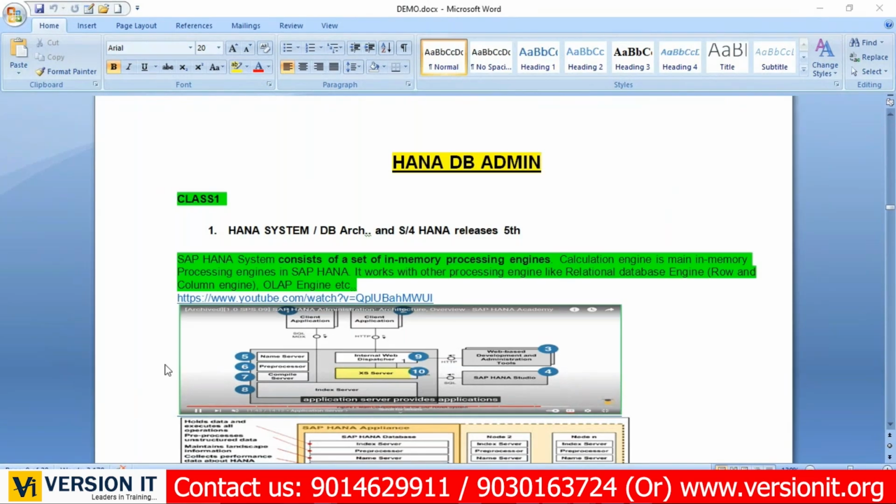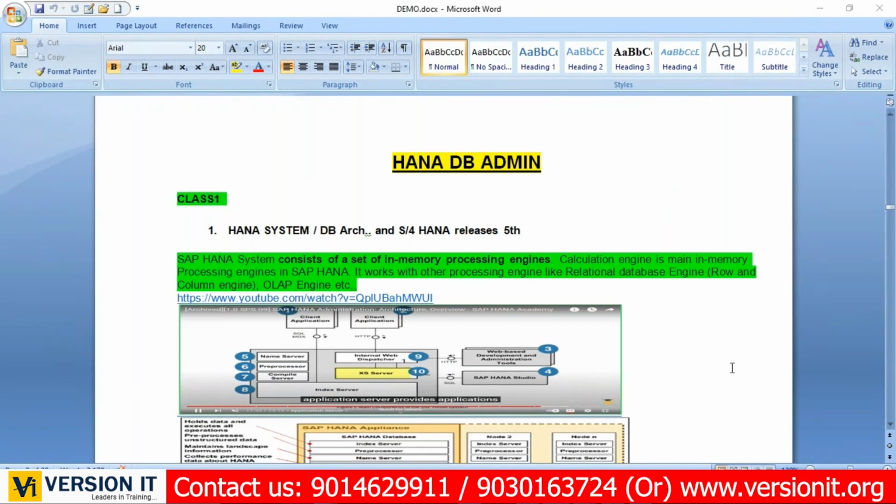Why did SAP develop an in-memory computing database, which is like no other database? When SAP decided to build this HANA database, they had one perception in mind: I want my customers to get reports on the fly.